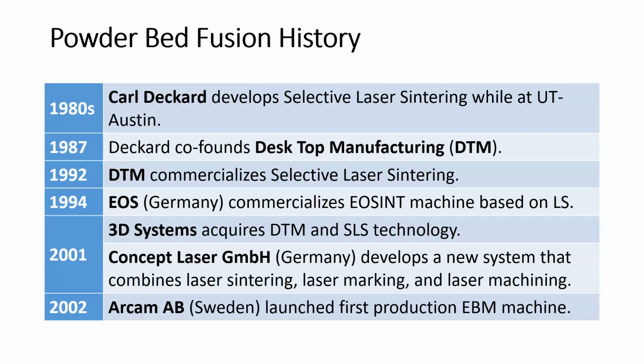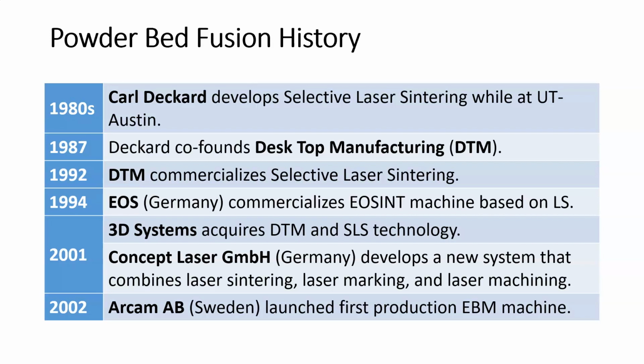And a few years later, DTM commercializes the first powder bed fusion process known as selective laser sintering. 2 years later, EOS, a German company, commercializes EOSint, machine-based laser sintering. In 2001, 3D Systems acquires DTM and the SLS technology.